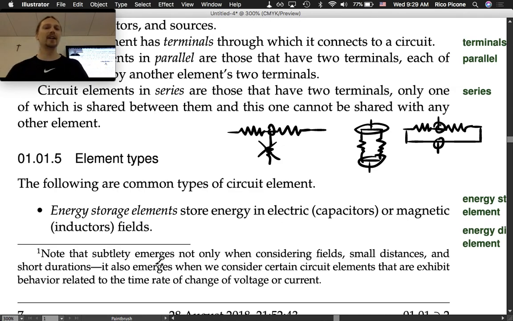Element types. The following are common types of circuit elements. Energy storage elements store energy in electric or magnetic fields. Capacitors store energy in electric fields, and inductors store energy in magnetic fields. We'll talk more about those elements later on.